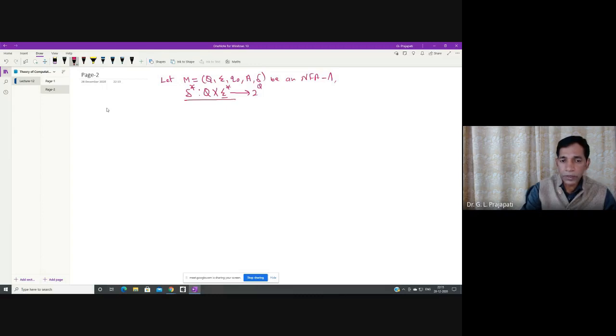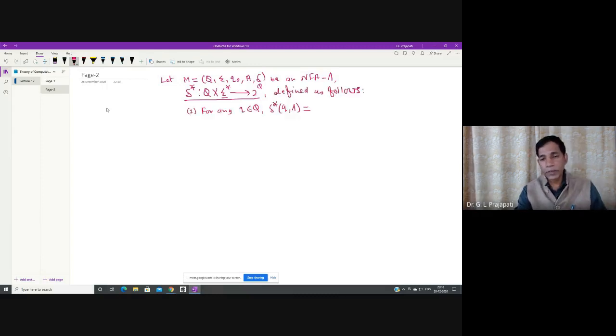Here again, the machine can go to any subset of Q, more than one place. Then the transition function delta star can be defined as follows.